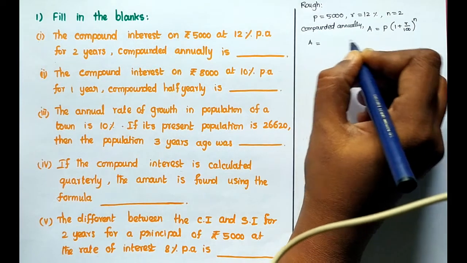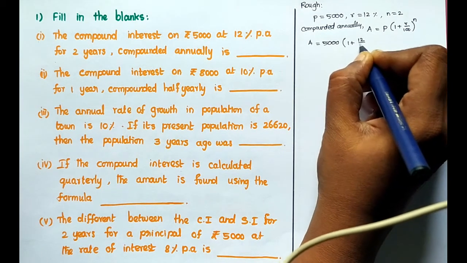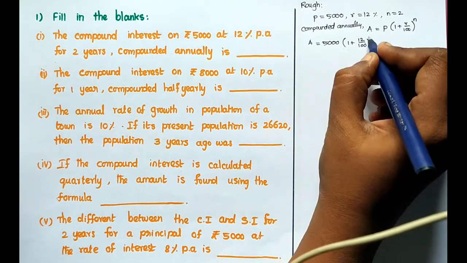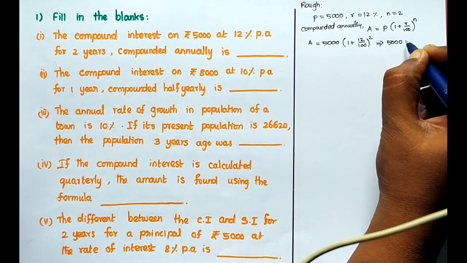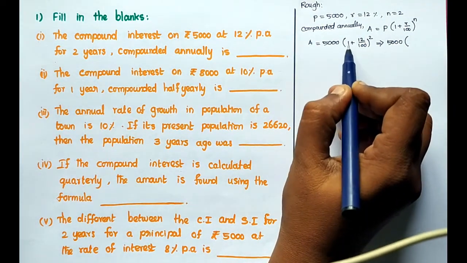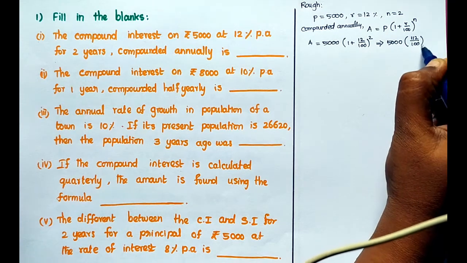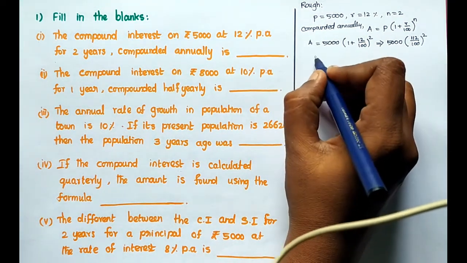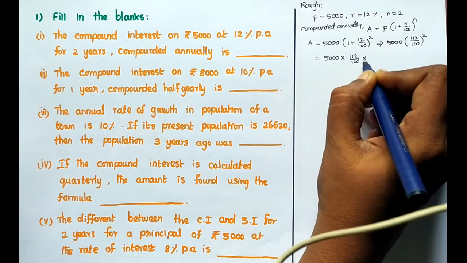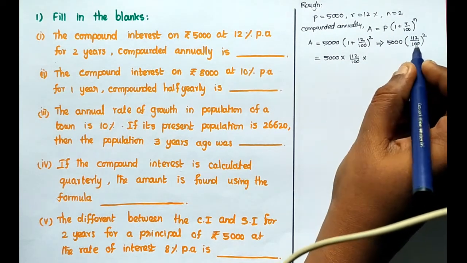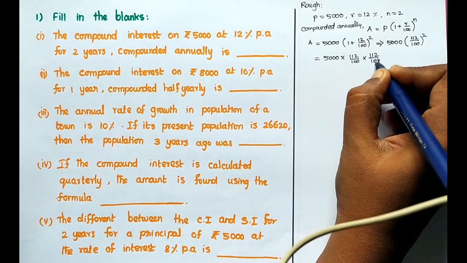Now A equals 5,000 into (1 plus 12 by 100) whole to the power 2, that is 5,000 into (112 by 100) whole square, which means multiply the number two times. Now cancel the zeros.